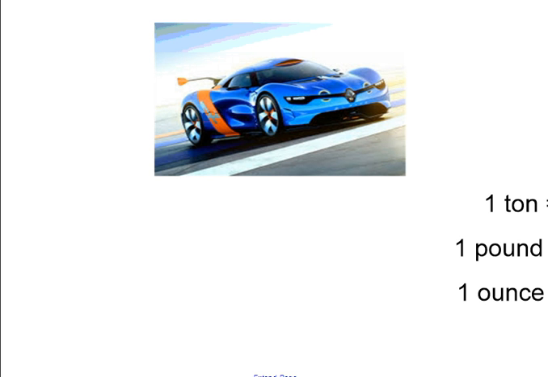And while that expression, weighs a ton, has a lot to deal with the idea of just measuring a large amount of weight, it's also a unit of weight that we can use. And so while we looked at the metric system, we can also look at the imperial system of a ton, a pound, and an ounce. And of course, if we wanted to measure a car, we would work with our ton idea.